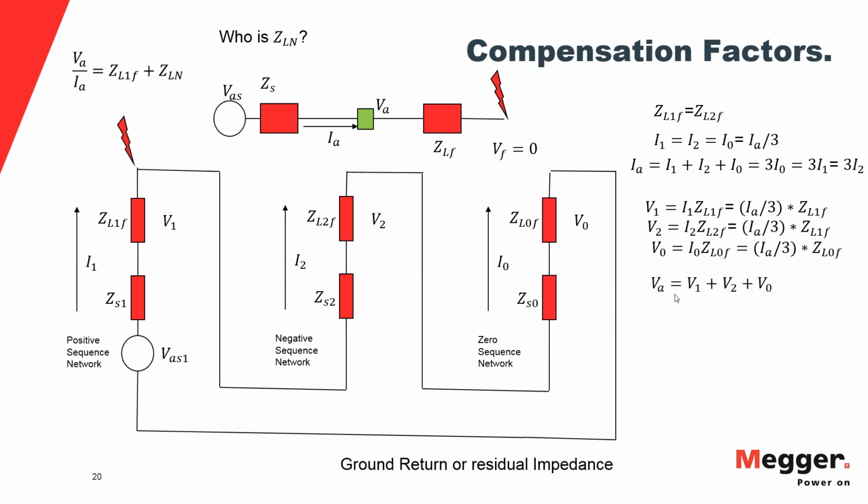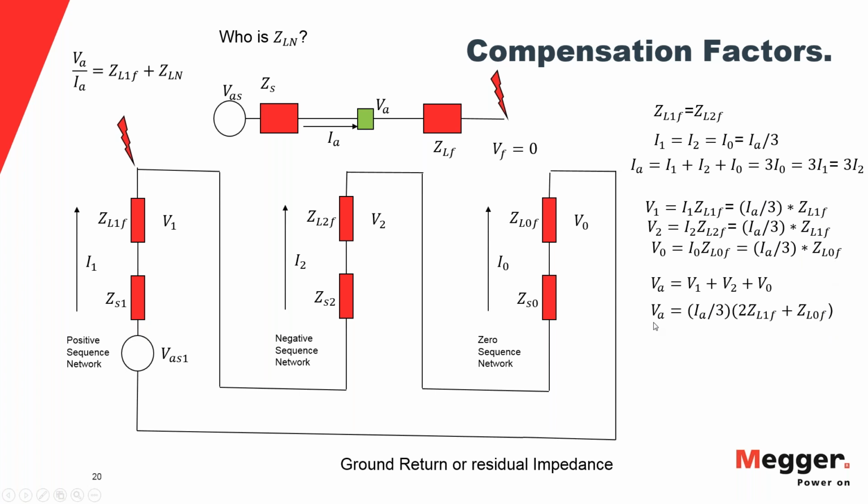So now we can put it all together. VA, the same as IA, equals the sum of the three voltages for the three sequence components. Simply by substituting the values of V1, V2, and V0 on the right-hand side, we can take IA divided by 3 as a common term, and we have two positive sequence impedances and one zero sequence impedance.